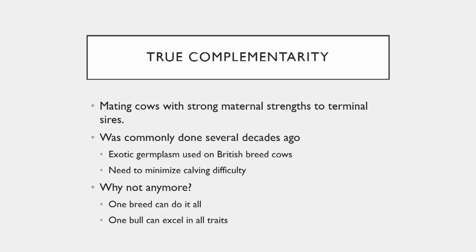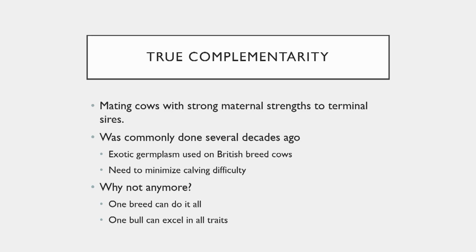So I mentioned complementarity, and I would argue that true complementarity says that I'm going to take a group of bulls who maximize growth and carcass potential and breed them to a group of commercial cows who are bred to be maternally focused. And maternally focused, I see that in bull sale ads, right? We're maternally focused.